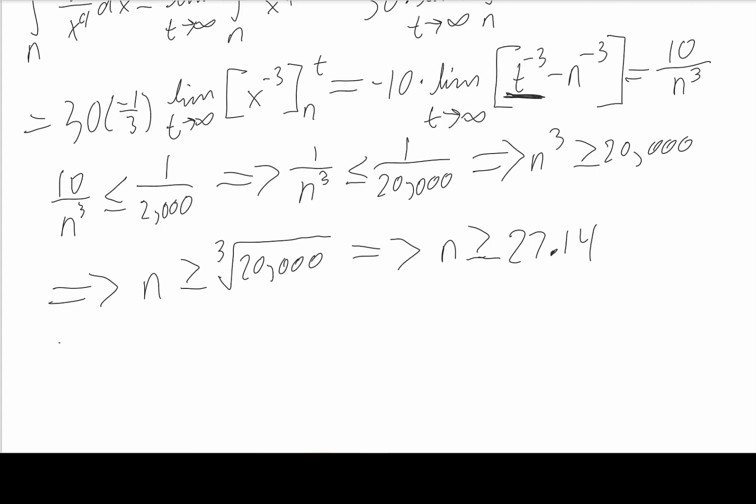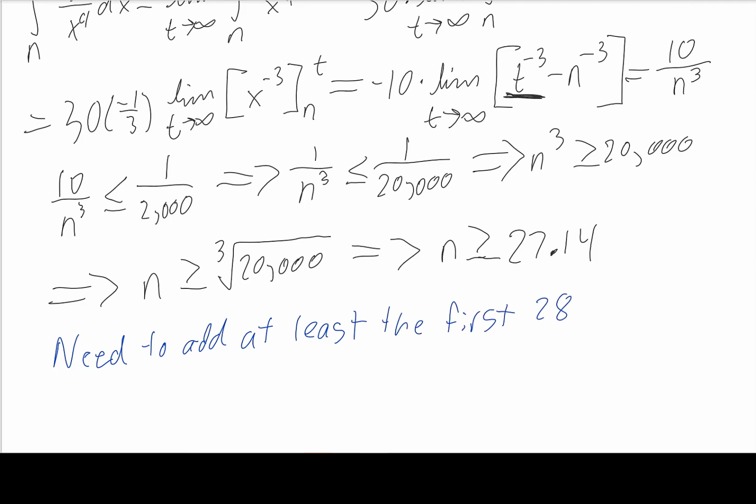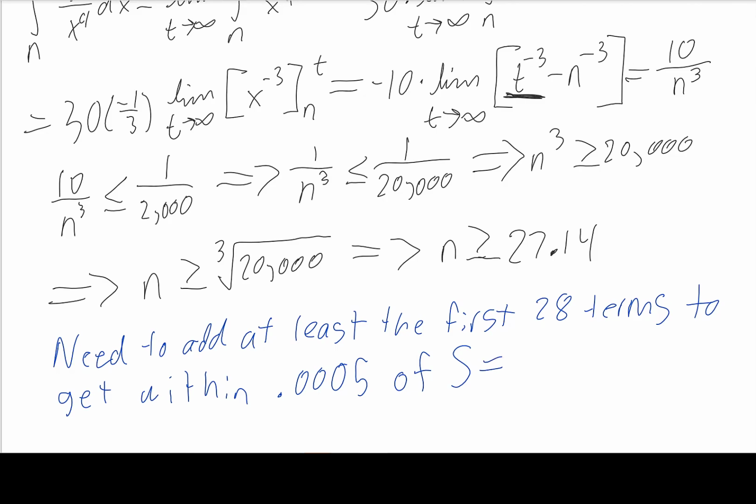So what that tells me is that I need to add at least the first 28 terms to get within 0.005 of s, which is equal to the sum from i equals 1 to infinity of 30 over i to the 4th.